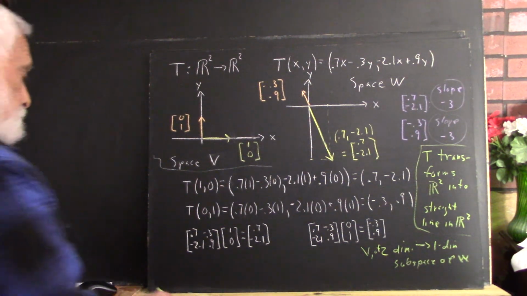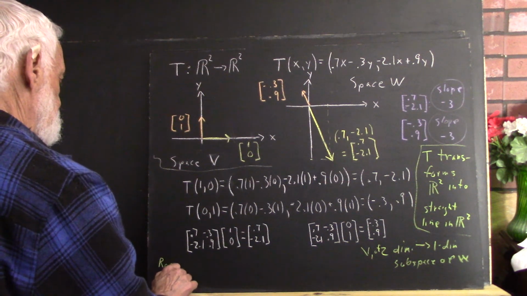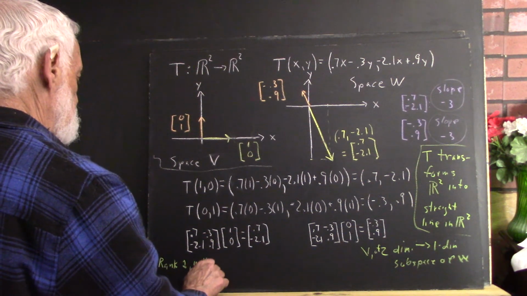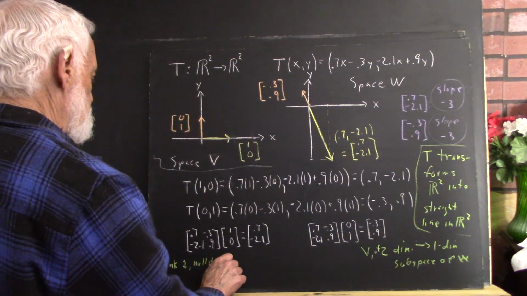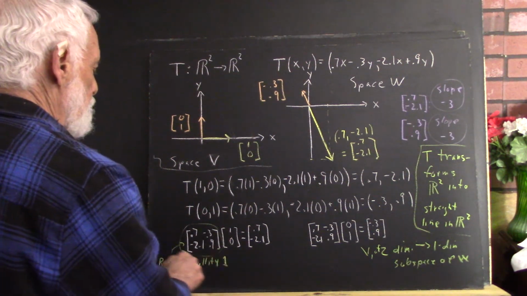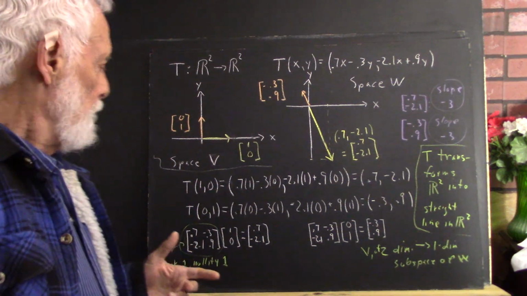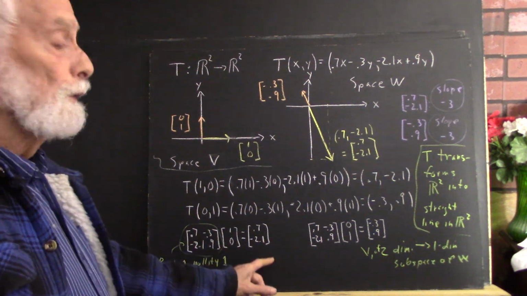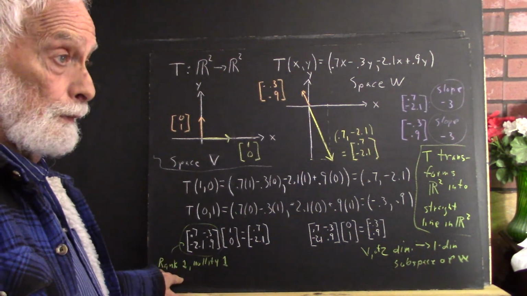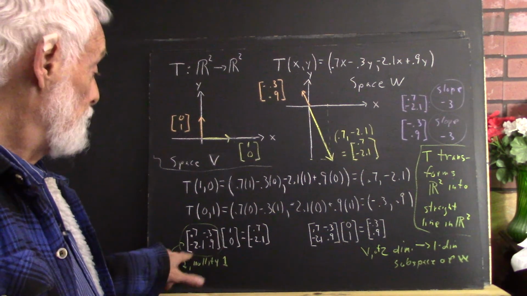Okay, so this matrix here has rank 1, nullity 1, meaning that, again, the set of vectors that you get when you use this matrix to transform a space is going to be one-dimensional.